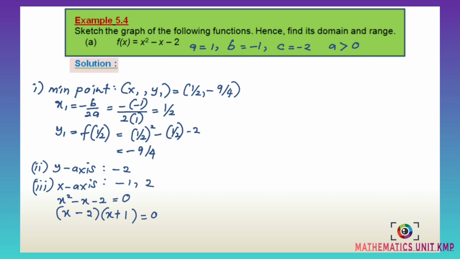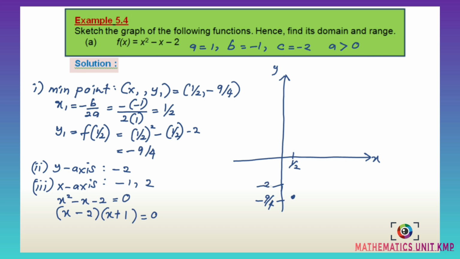Now we can sketch the graph. Here are the x-intercepts and y-intercept. Then plot the minimum point at x equals 1 over 2 and y equals negative 9 over 4. Here is the minimum point. The graph intercepts the y-axis at negative 2.